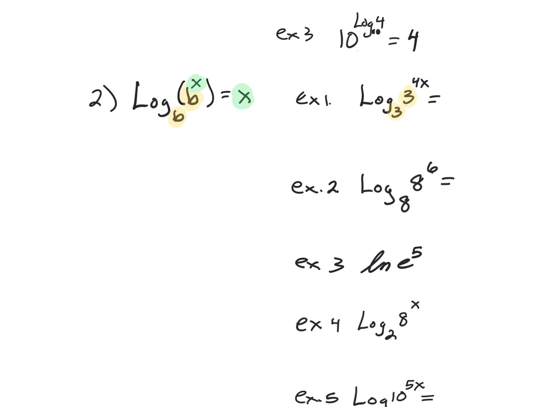Since those bases are the same, our answer is going to be 4x. And since this base and this base are the same, our answer is just going to be 6.